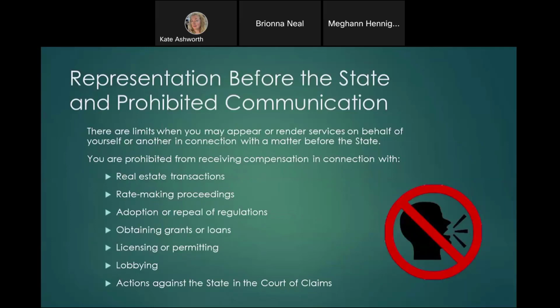The next slide is under 73.7, and this is talking about representation before the state and certain prohibited communications.